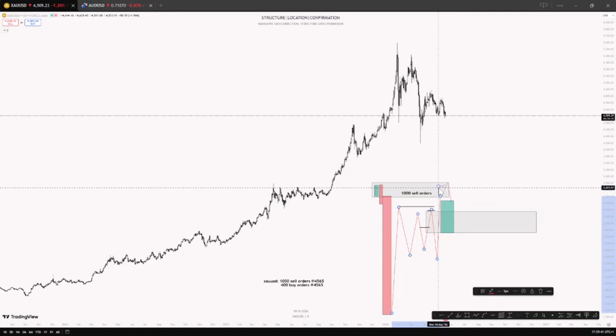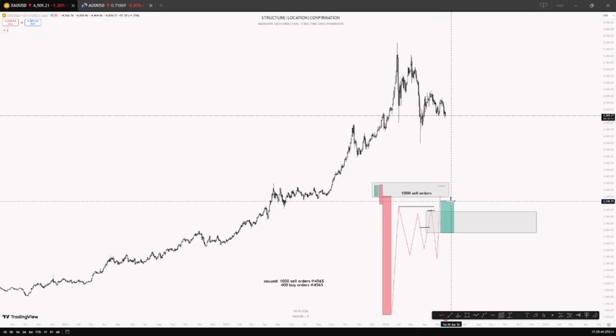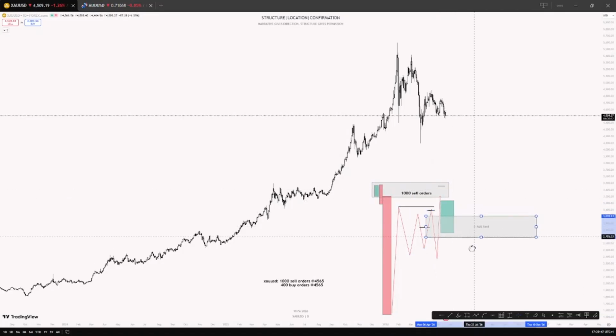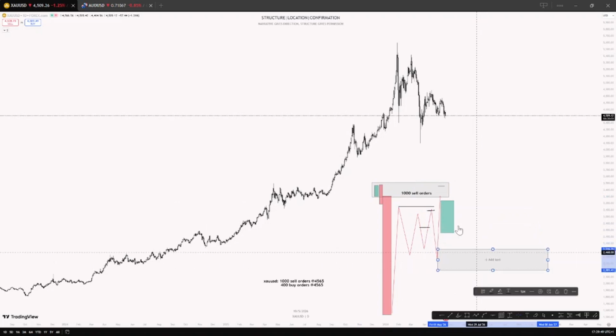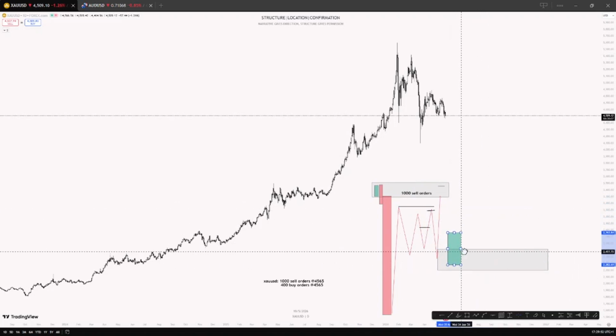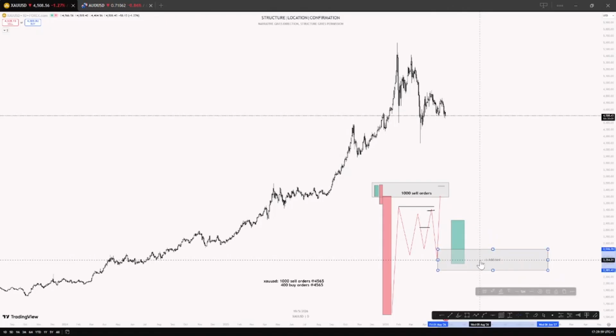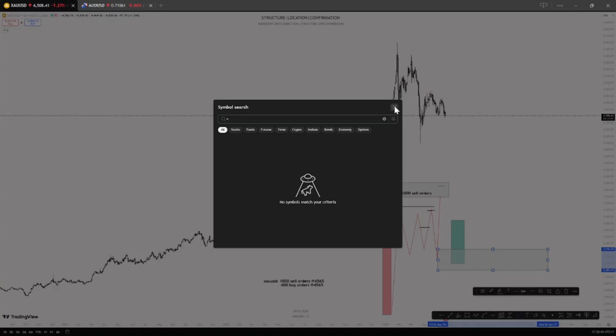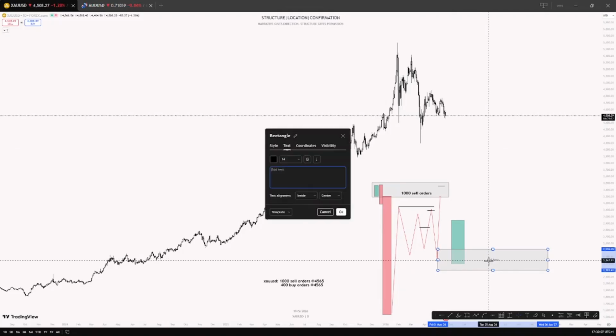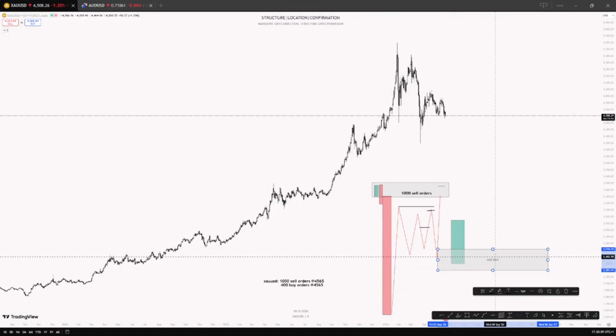So now that we've had that push to the upside, the moment this push happens from here, we have maybe the imbalance that occurred in this area could be maybe plus 400 buy orders.